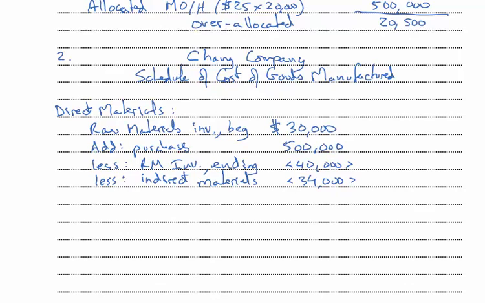If it was clear, purchases of direct material only, then we would know it wasn't included. So just keep that in the back of your minds. And so instead of calling this raw material used in production, we have to call it direct material. And so if we add all of this up, that should be 490 less 34 is 456,000.